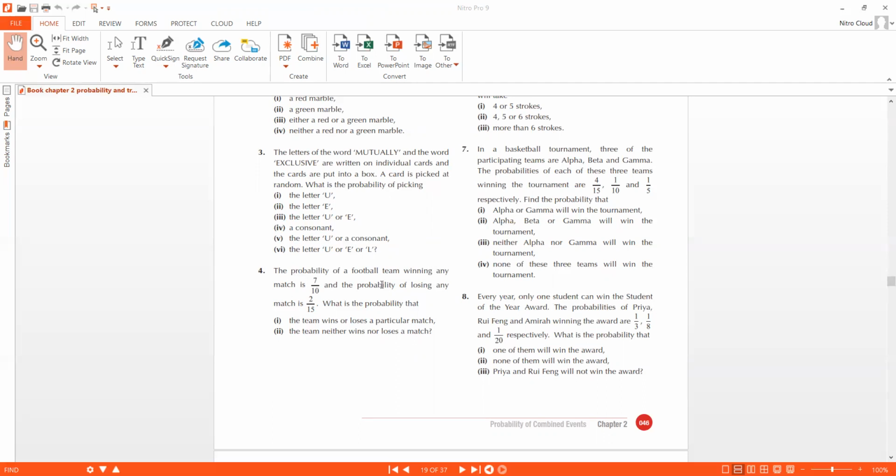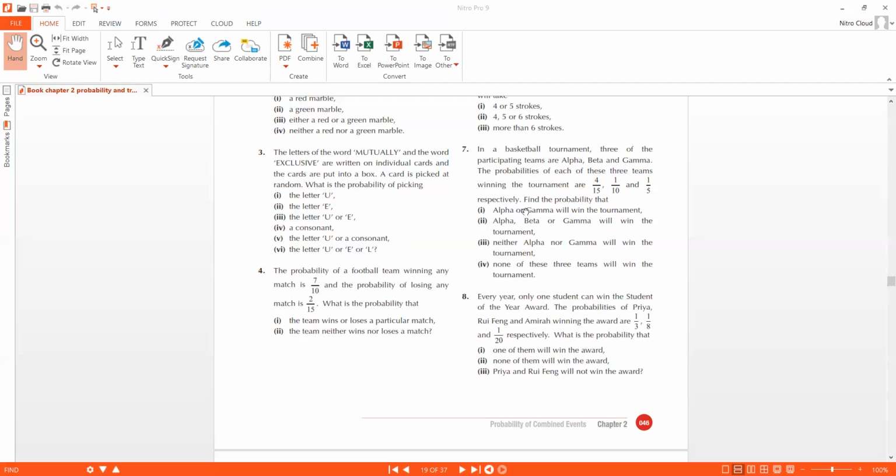U is 3 over 17 plus E is 1 over 17 plus L is 3 over 17. Isn't it? Fine. It means that you have now developed a clear understanding about how to solve this kind of questions.